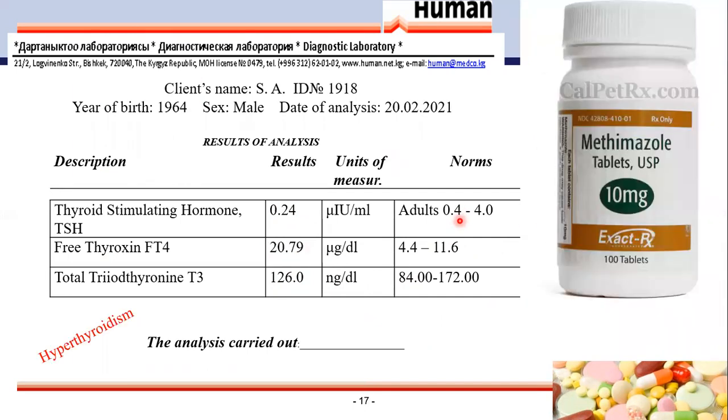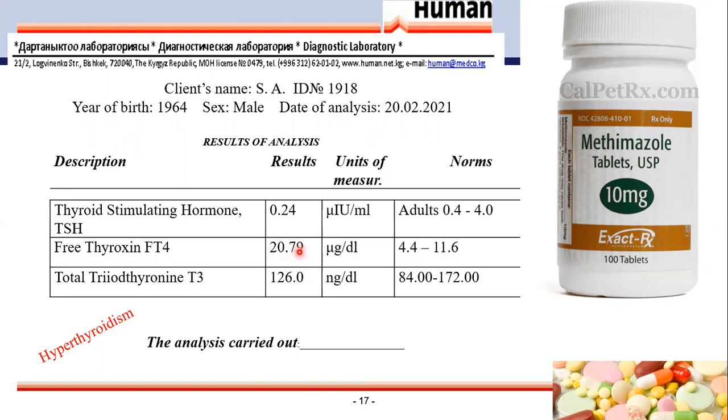Okay, and the next real patient's results. In this case, a male patient, born 1964, has thyroid stimulating hormone lower than normal, 0.24 micro international unit per milliliter, and free thyroxine very high.